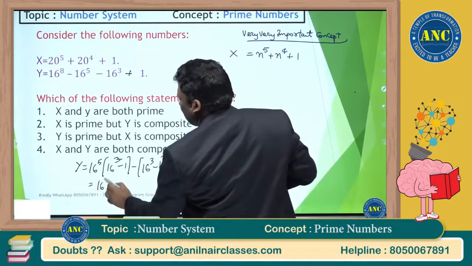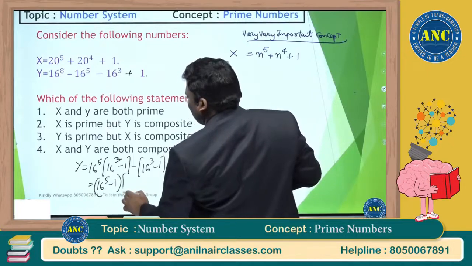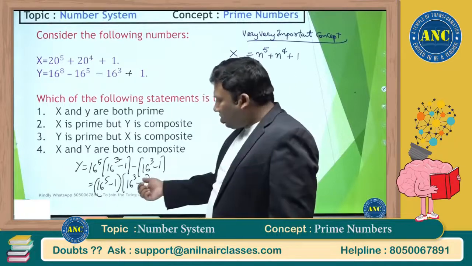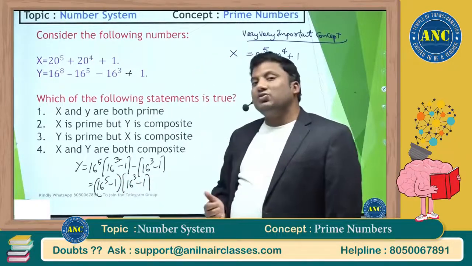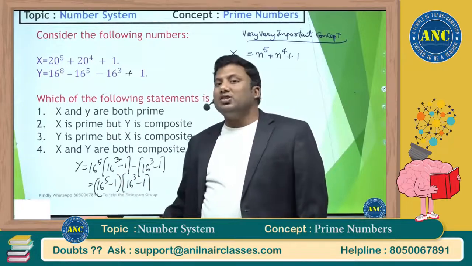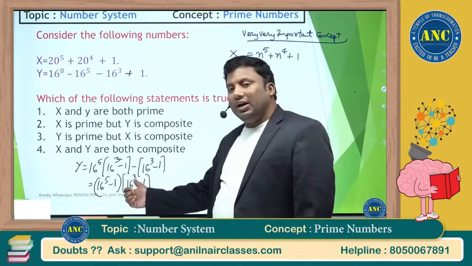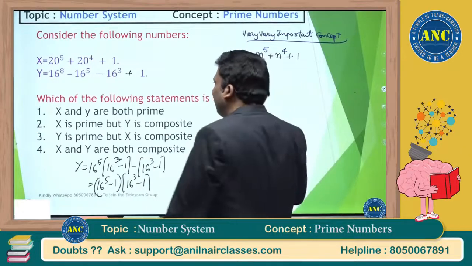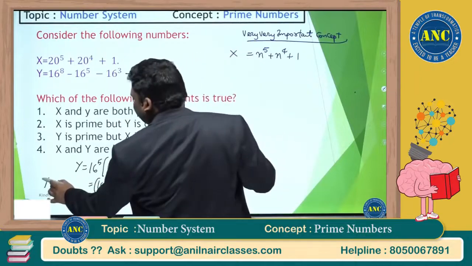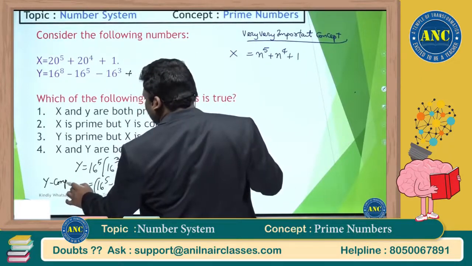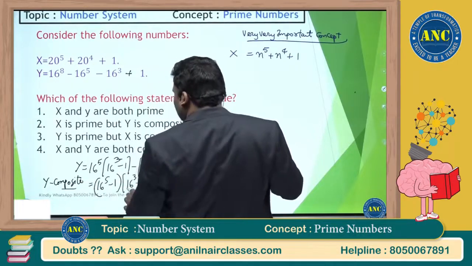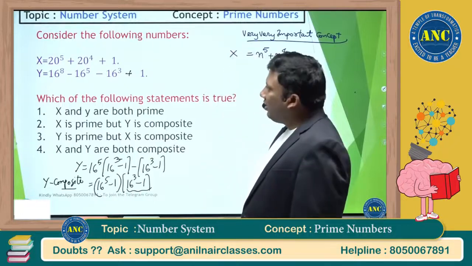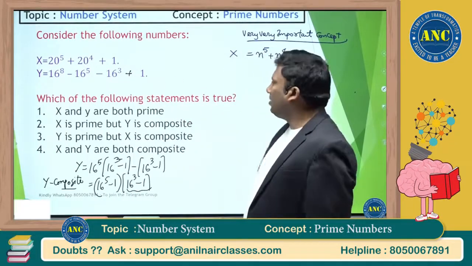It is 16 power 5 minus 1 into 16 cube minus 1. 1 can be written as 1 cube. A power n minus b power n is always divisible by a minus b. It is divisible by 16 minus 1, which is 15. Definitely y is a composite, because here you got 15. A prime number should have only factors 1 and itself. Y is a composite, it is plus 1, please make a note.